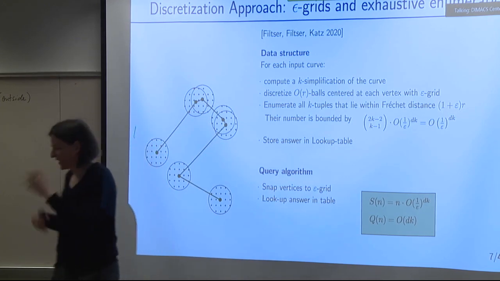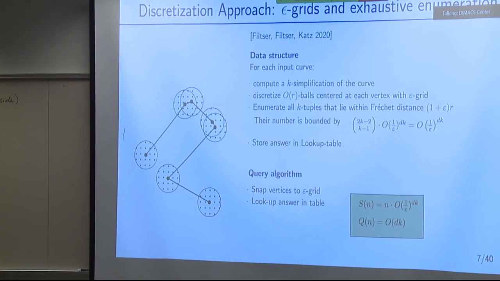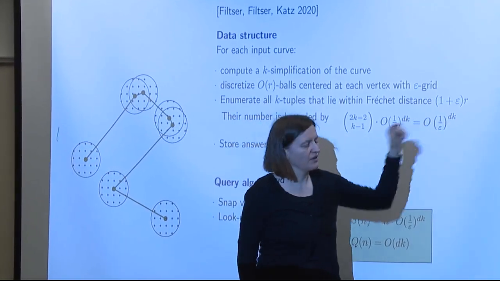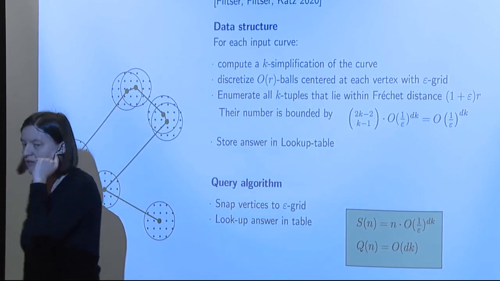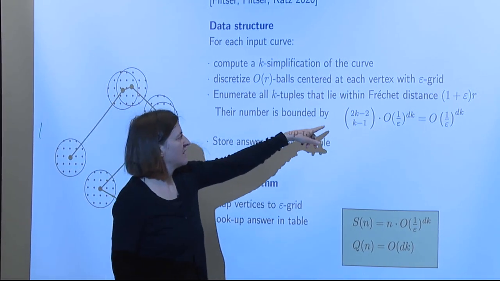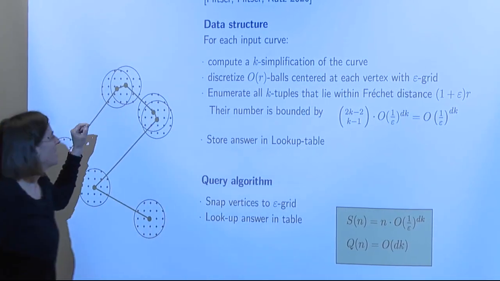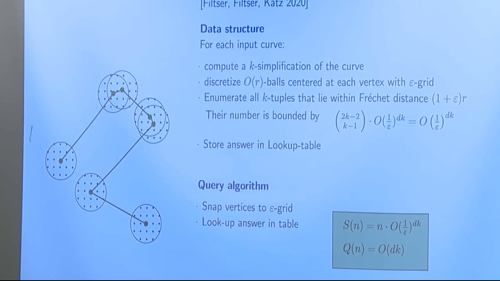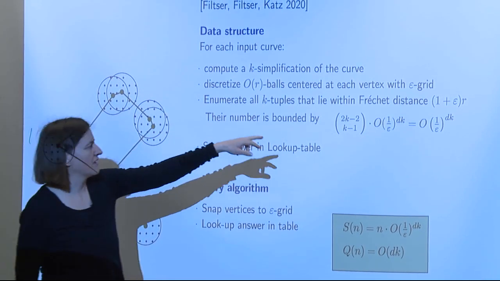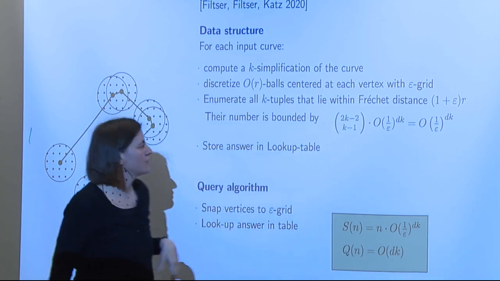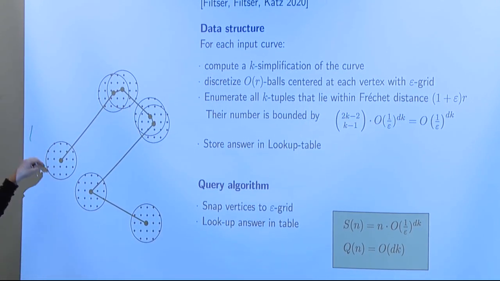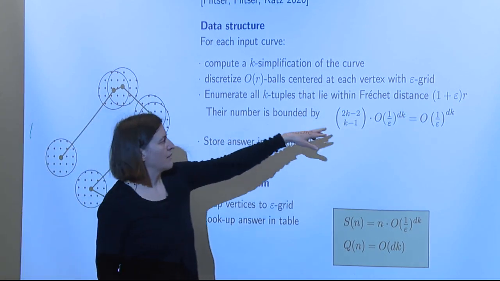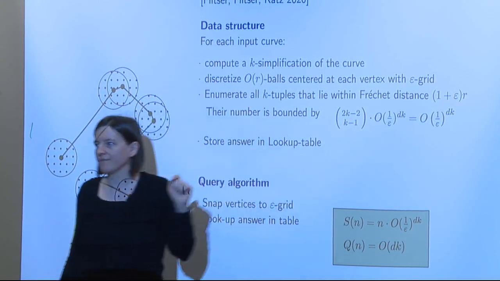If you do the combinatorics, you will see that this number is bounded by 1 over epsilon to the dk. One term is the number of traversals between two curves of complexity k, and you can compute this in this time because you look at all possible traversals, and then you go from ball to ball, and within each ball you have 1 over epsilon to the dk many points.